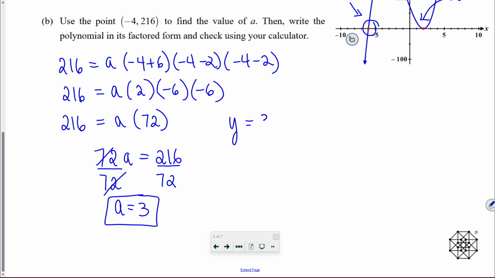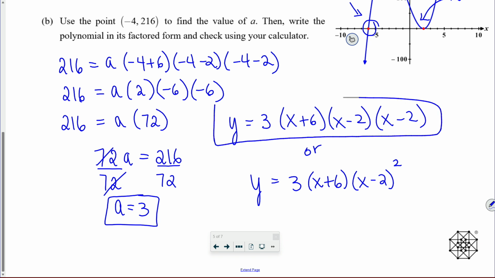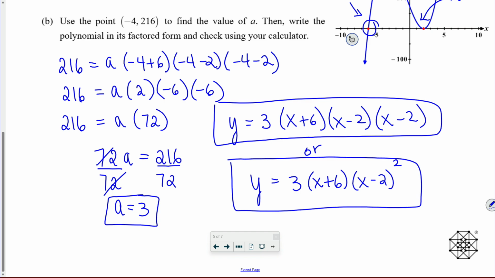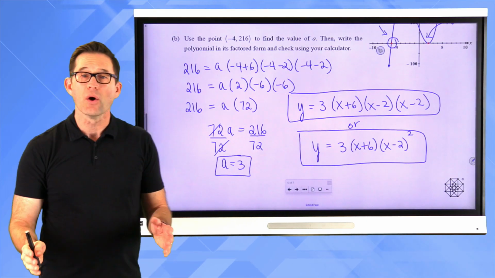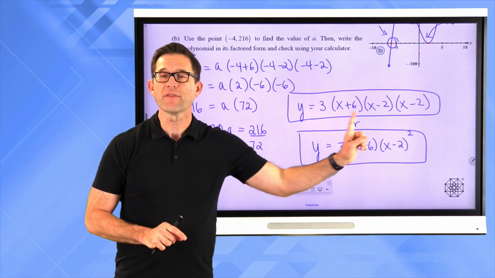The actual equation of my polynomial will be 3 times x plus 6 times x minus 2 times x minus 2, or y equals 3 times x plus 6 times x minus 2 squared. Either one of those is absolutely fine.